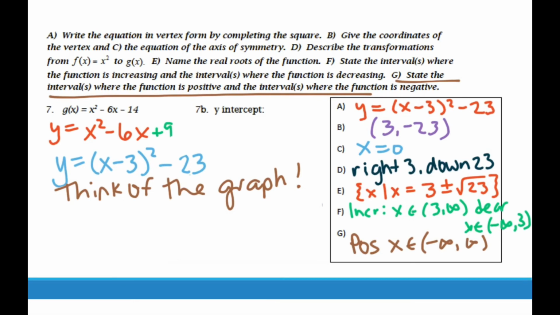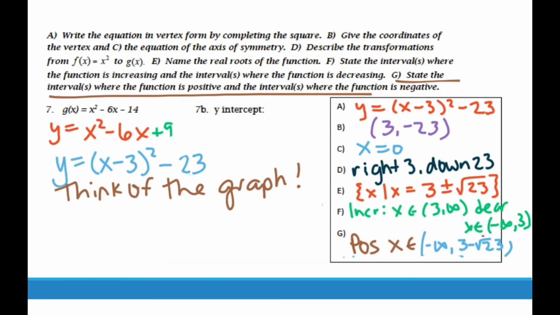So writing the intervals, the positive interval, hold on. Sorry, I just noticed I copied this wrong. So the positive interval, as I just said, is going to be from negative infinity to 3 minus the square root of 23. Continuing on with the positive, we still have another positive.